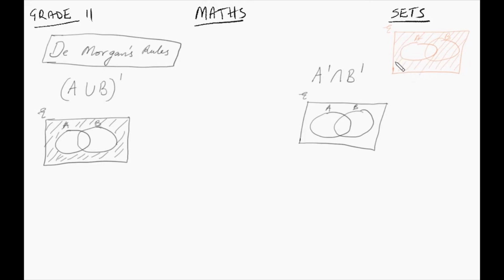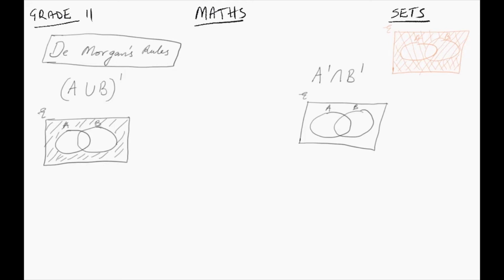B complement is outside B, is here. Outside B. Don't shade inside B because you are saying B complement. It's outside B. Now you look at the double shaded region. The double shaded is here, outside both sets. That's the double shaded region.